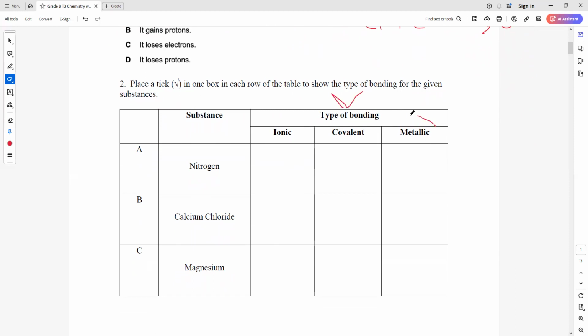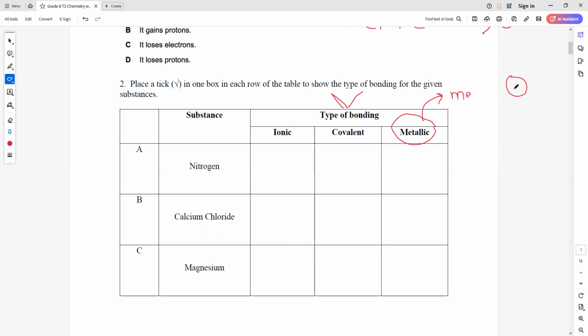And here they have given another type of bond, that is metallic bond. So this metallic bond exists in metals, right?